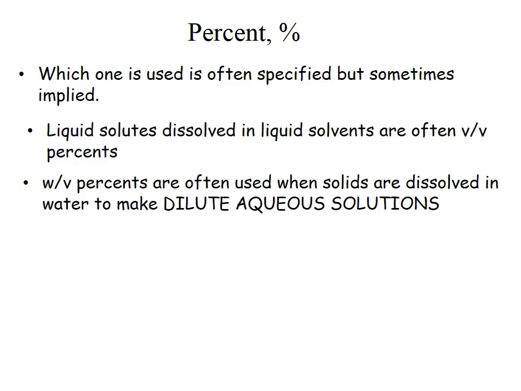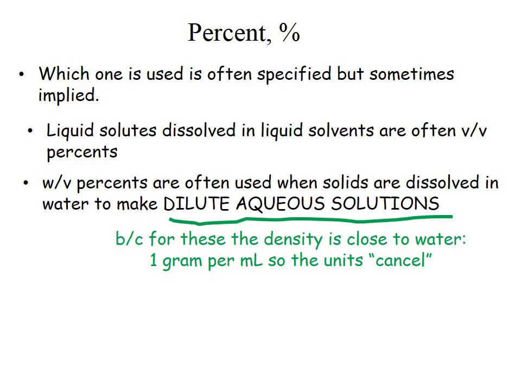The reason that's important is because water has a density of about 1 gram per mL, and so the units sort of cancel if you have grams in the numerator and milliliters in the denominator. If it's an aqueous solution and very dilute, meaning it's similar in properties to water, then those 2 units really do sort of cancel.